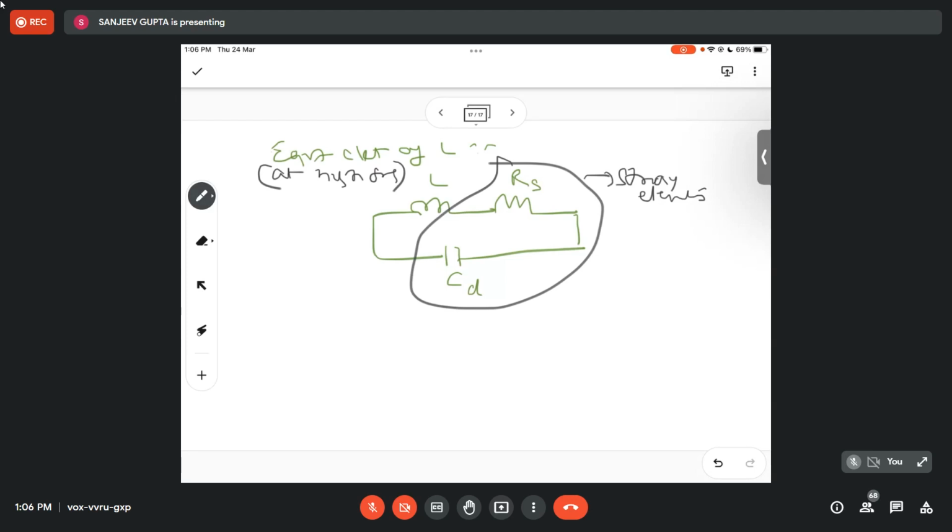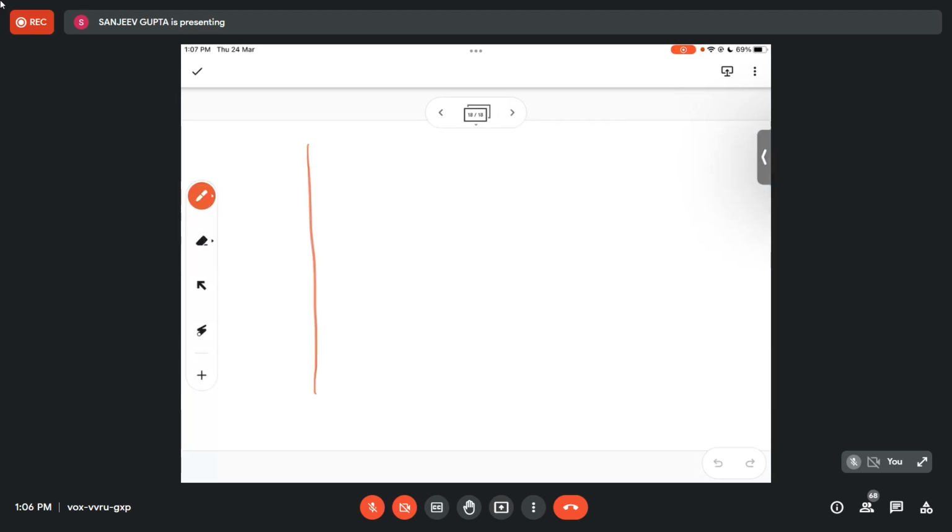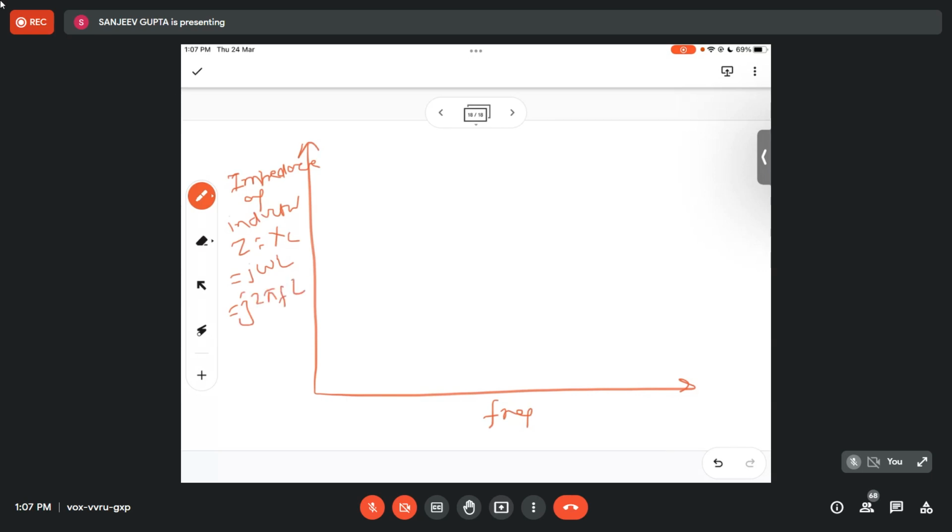Now, if I plot the same thing, I'm not going into the details again, but I go to the next slide to have a better plot. If I plot frequency versus impedance of the inductor, Z is equal to XL, but it has certain other parts, XC and others. Typically XL is equal to j omega L, which is j 2 pi FL, and it is expressed in terms of frequency.